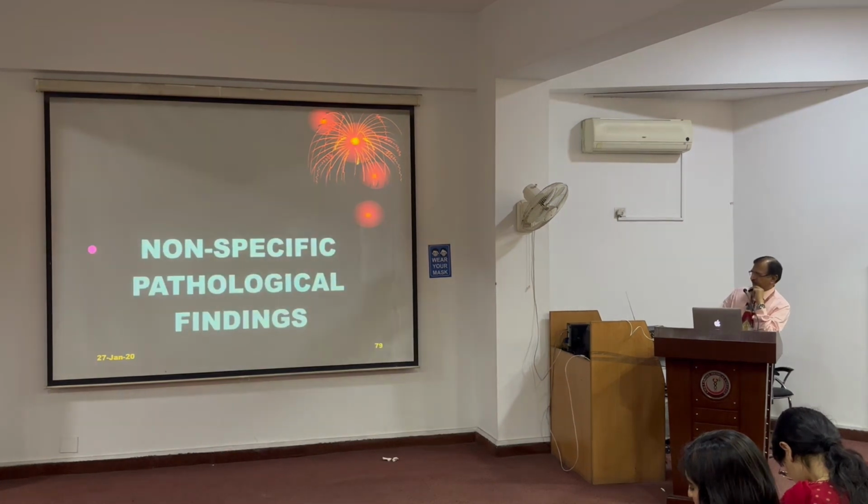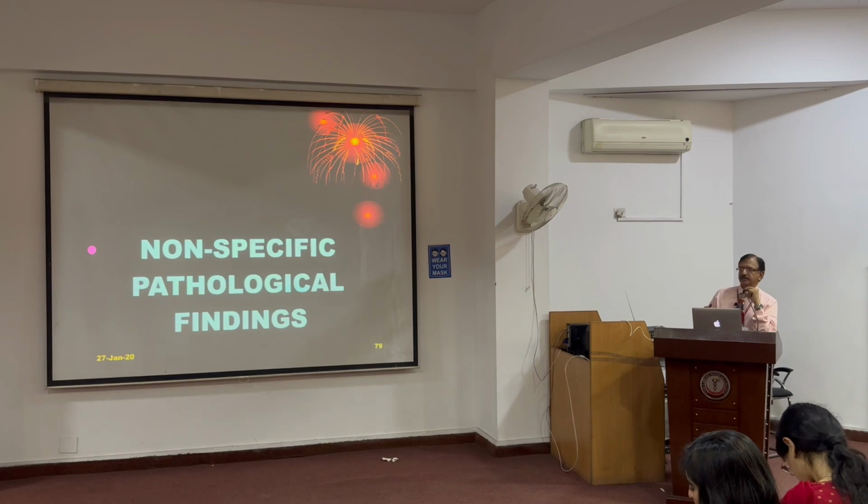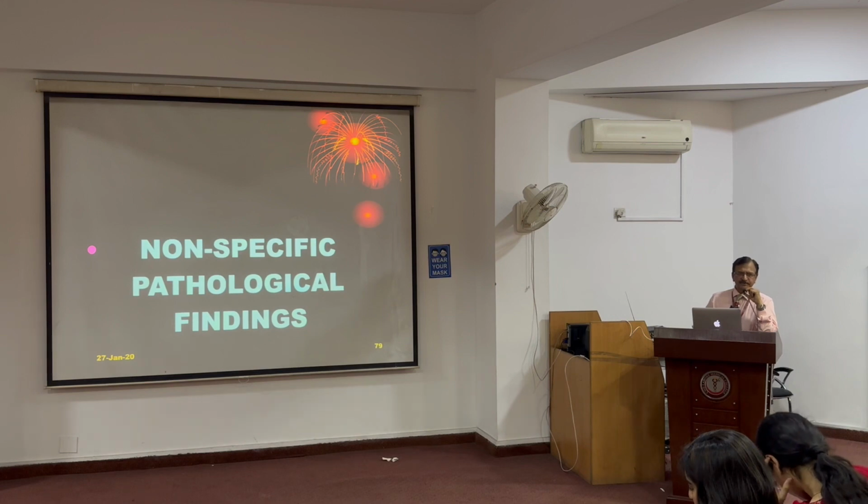Then the non-specific findings which we have discussed, that is the cyanosis, congestion, petechial hemorrhages, and edema. They are present in all forms of asphyxial deaths. So non-specific findings will also be there, and specific findings at the locus where the interference is made.